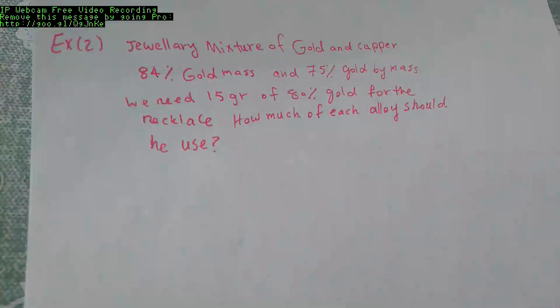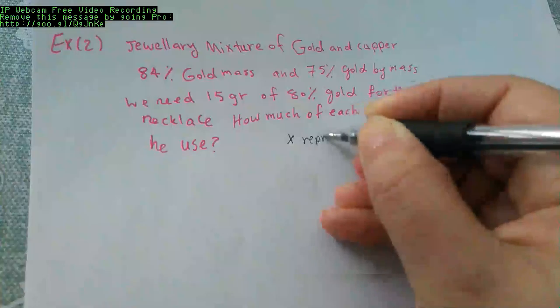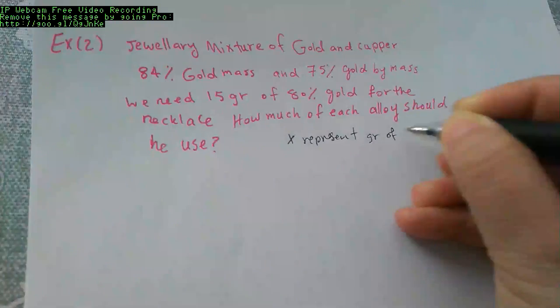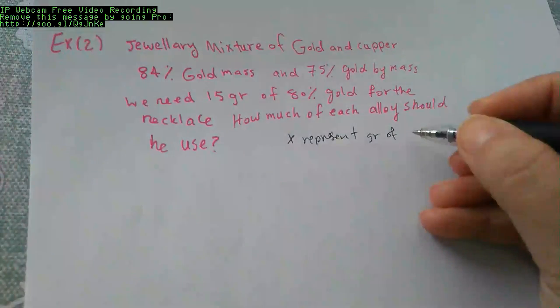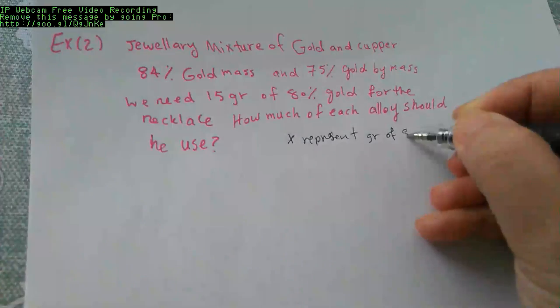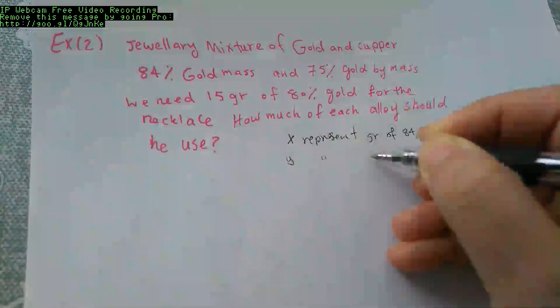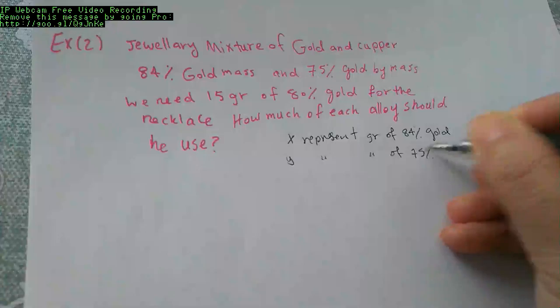Okay, let X represent the amount, or the grams, of 84% gold, and Y represent the grams or amount of 75% gold.